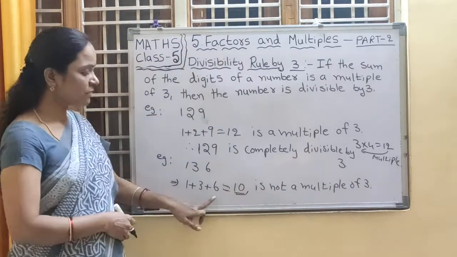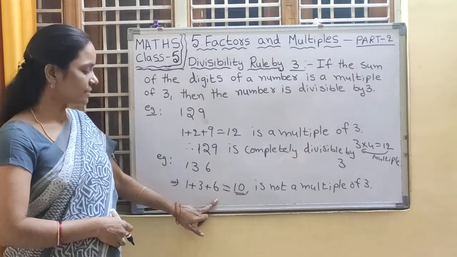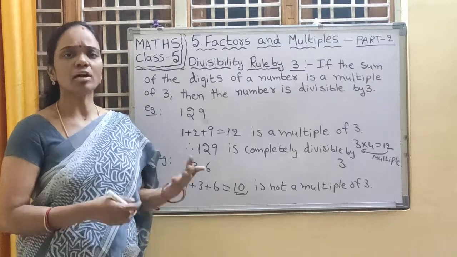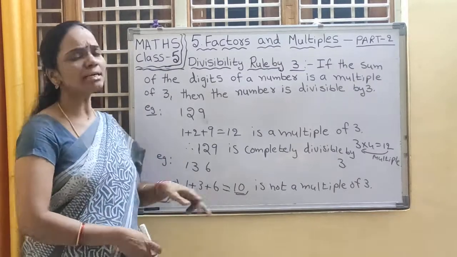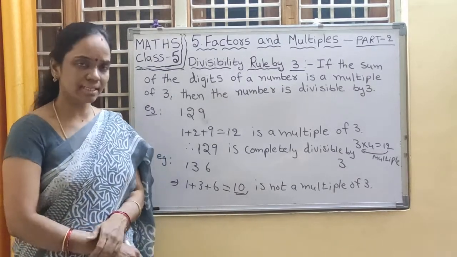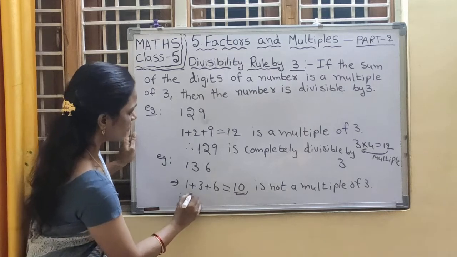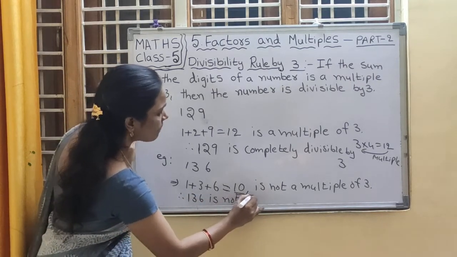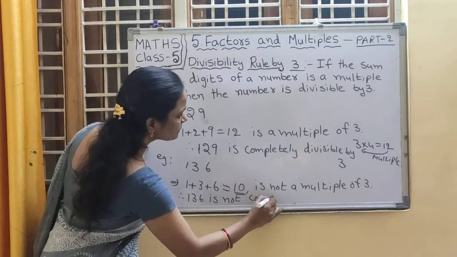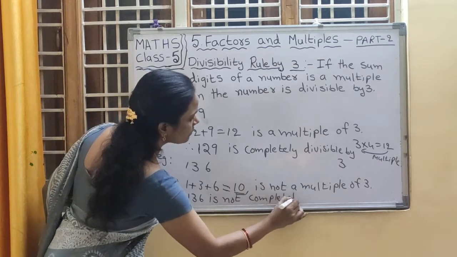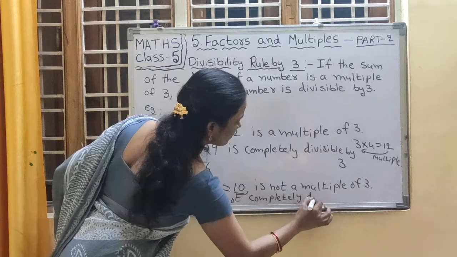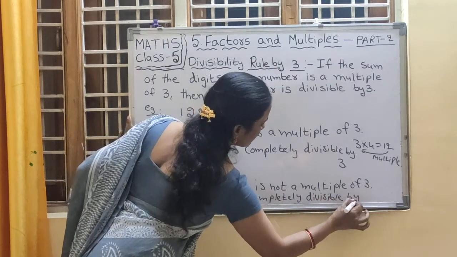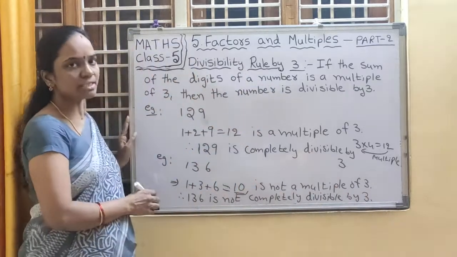So here the sum of the digits of the given number is 10 and 10 is not a multiple of 3. If it is not a multiple of 3, then the given number is not divisible by 3. So write down: 136 is not completely divisible by 3. Understood, children?